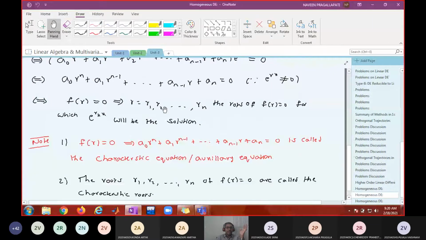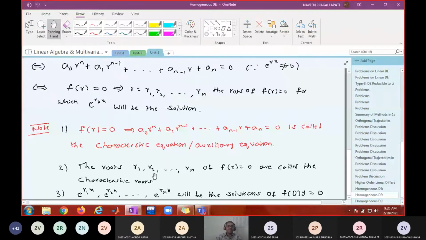And because it is an nth degree polynomial equation, there will be n roots which may be real or distinct, and we observed that corresponding to these n roots, these will be the solutions. But when can we call these solutions independent solutions?